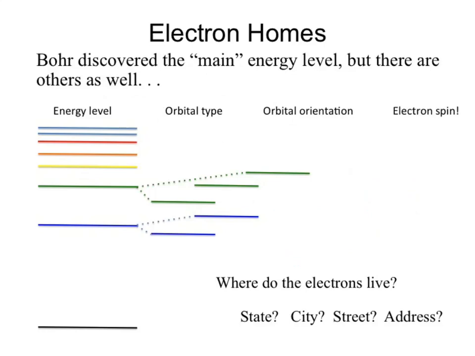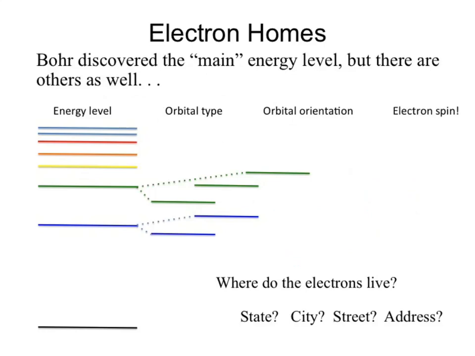We add 1 every time we move up an energy level, right? So when we moved from 1 to 2, we had 2 possible orbital types. When we move to 3, how many orbital types do we get? 3. When we move to 4, how many orbital types do we get? 4. So when we get to the 7th energy level, how many orbital types do we have? 7 orbital types.